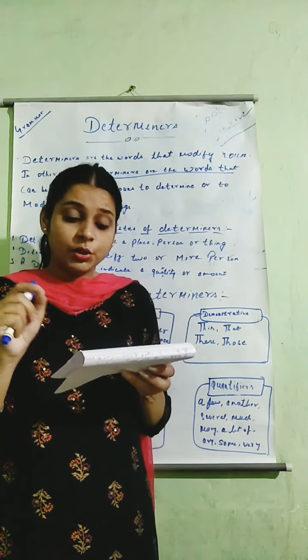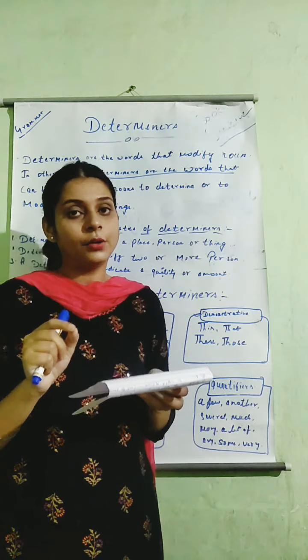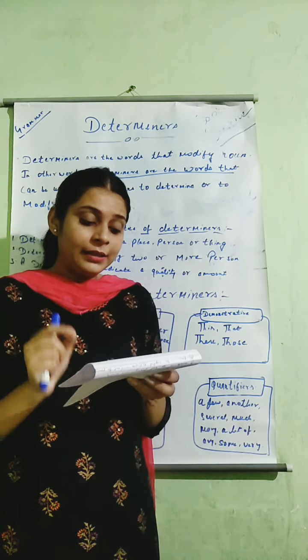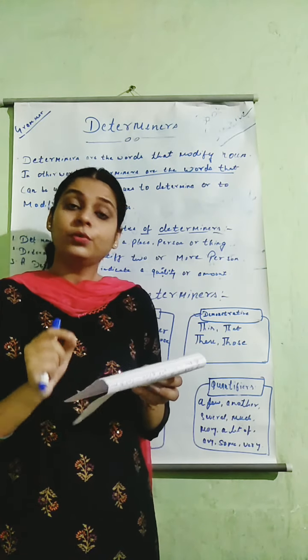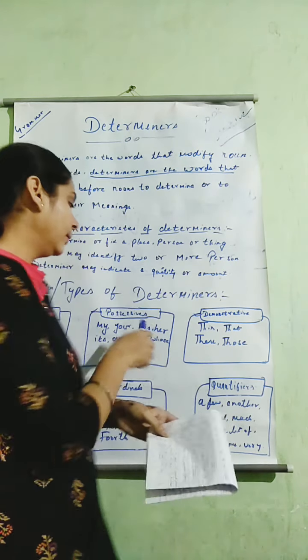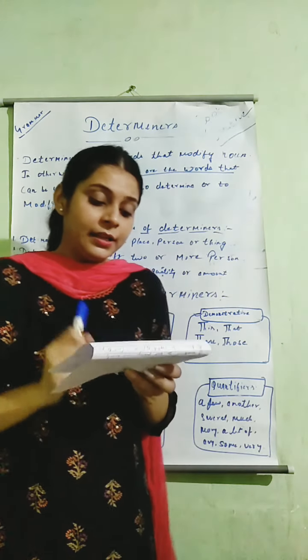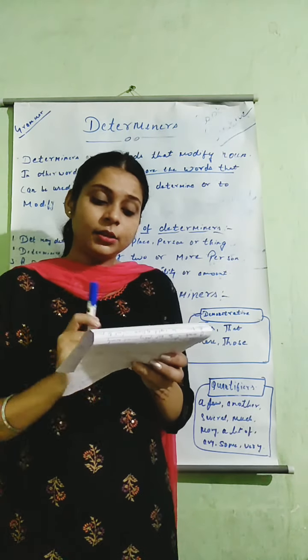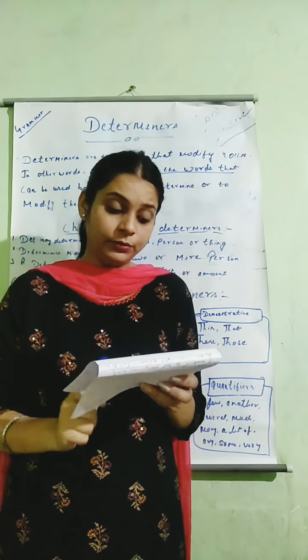This and that are used with singular uncountable nouns. These and those are used with uncountable nouns and plural countable nouns. We are talking about these possessive, demonstrative, and quantifiers.